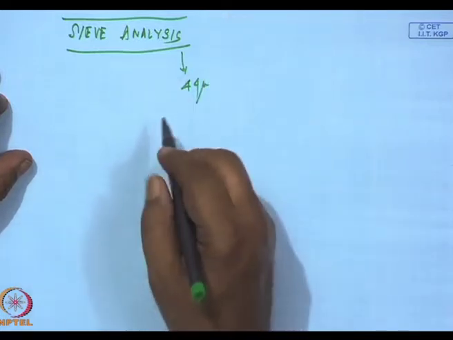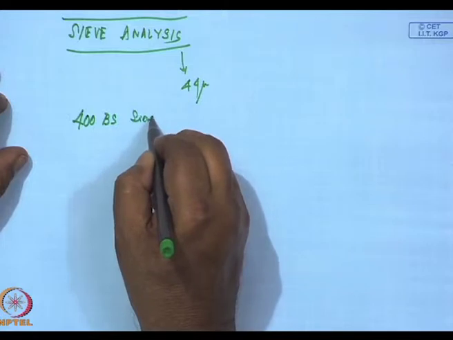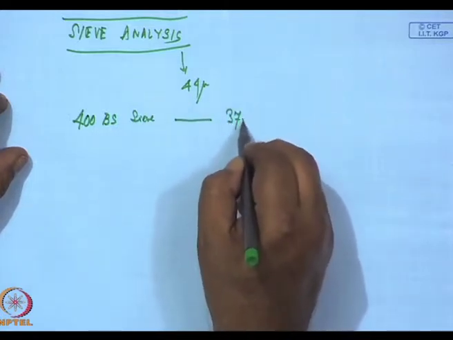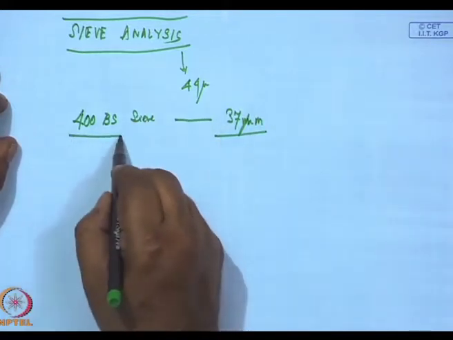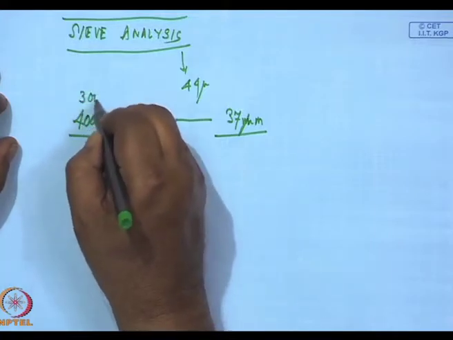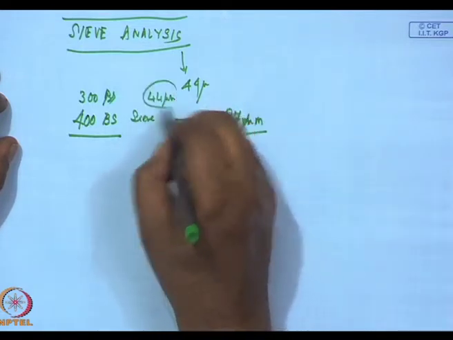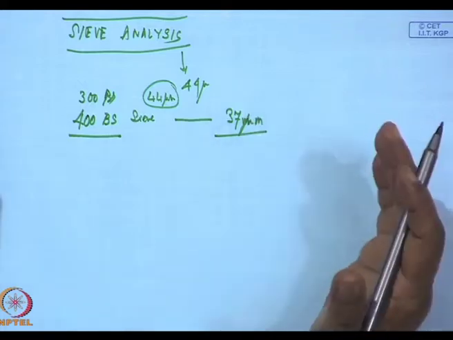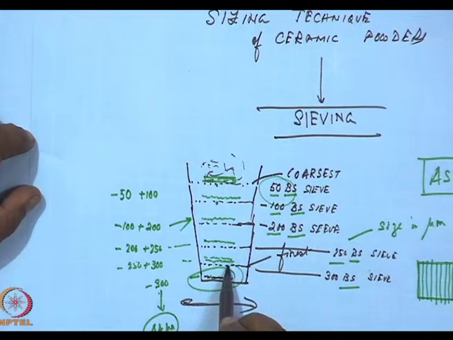In some cases, if you take 400 BS sieve, you can go up to 37 micrometers, but whether you are using 400 BS or even 300 BS, which is 44 micrometer, after sieving the sieves tend to clog, and we get at the last stage over here an entirely fallacious size fraction because the finer particles have jammed these pores.